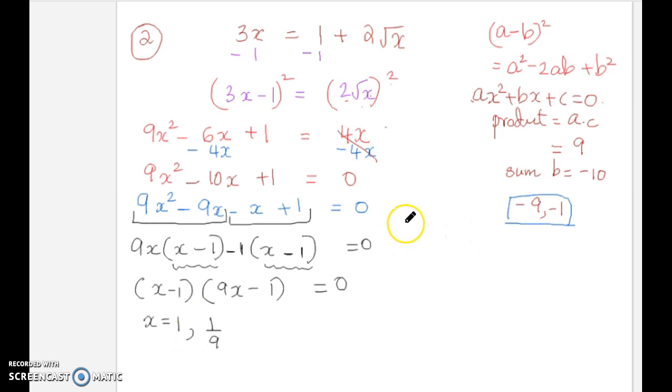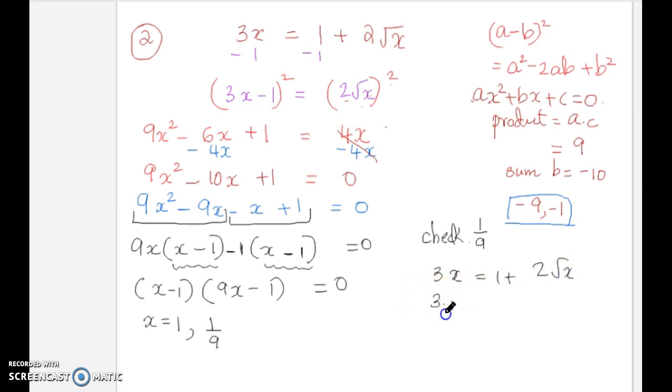So let's do our checking process for this. When we check for 1 over 9 in the main equation, on the left side we have 3x is equal to 1 plus 2 radical x.